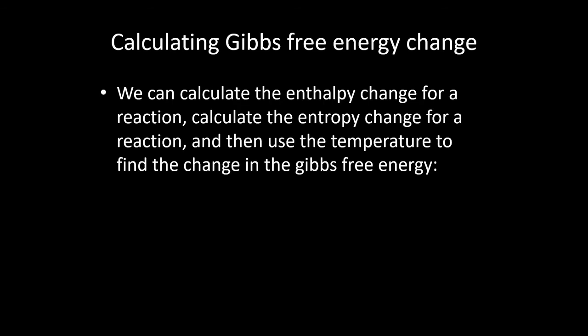All right, so we can calculate the enthalpy change for a reaction. We did that in Gen Chem 1, again, using those numbers from the table. And we can also calculate the entropy change for a reaction, again, using numbers from that table. And we can use the temperature to find the change in the Gibbs free energy.